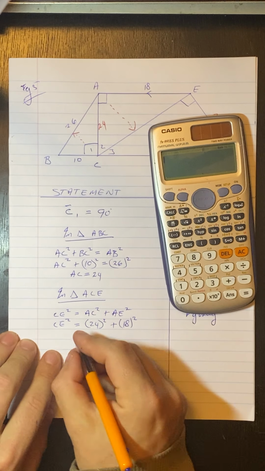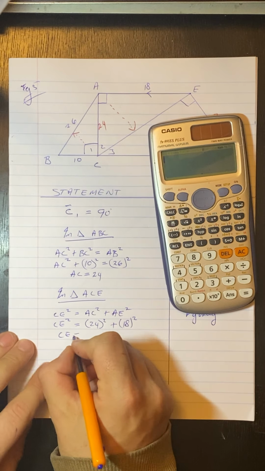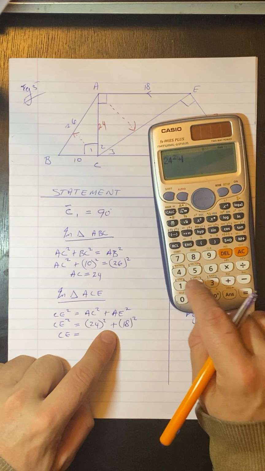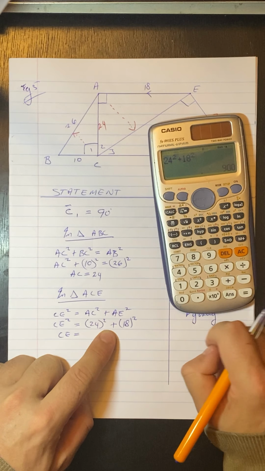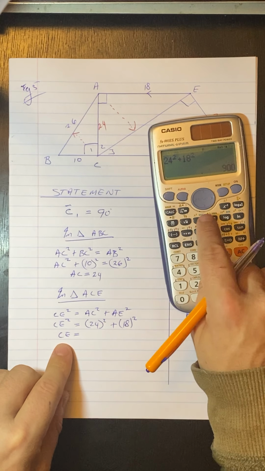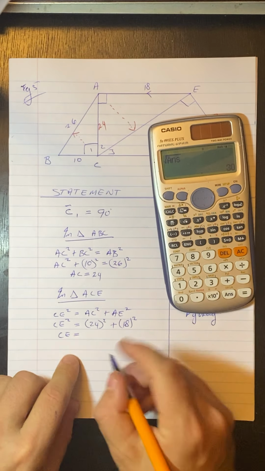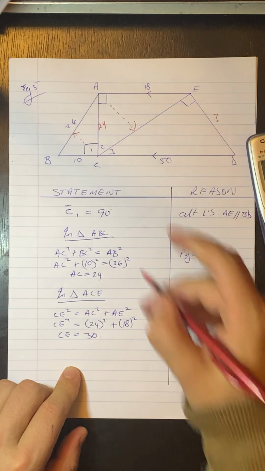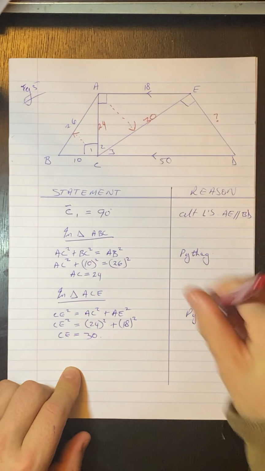I'm going to do this all on the calculator again. So we're going to say 24 squared plus 18 squared, get my answer, take the square root, and we get 30. So now I know that this length over here is 30.